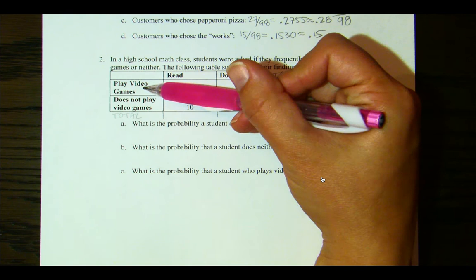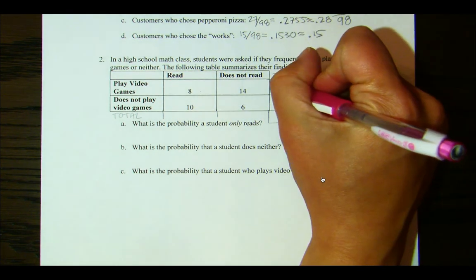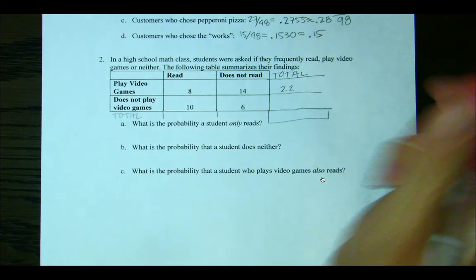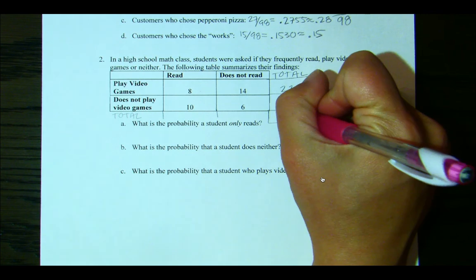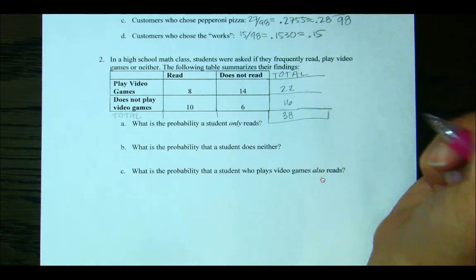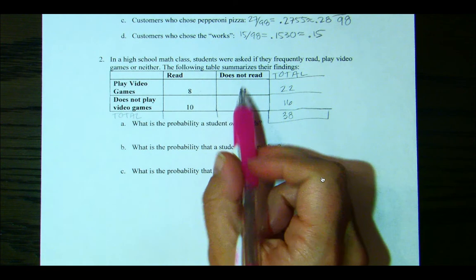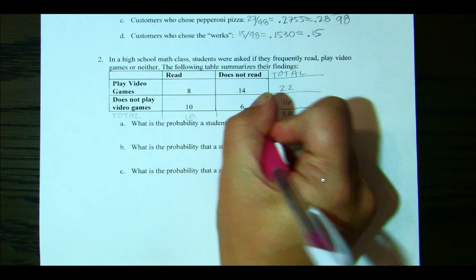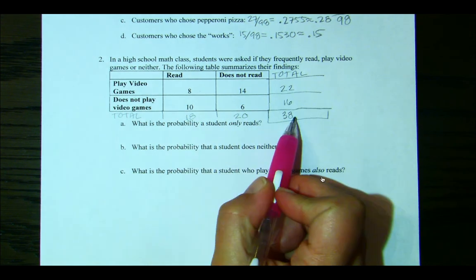So for those who play video games, I'm going to add 8 and 14, which gets us to 22. And I'm going to add 10 and 6, which gets us 16. So added together, we're looking at a class total of 38. Going to do the same thing here. So we're going to say those who read, those who don't read. And this should also add to 38. So that's our first step.